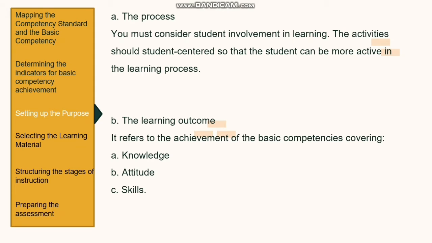For this, teachers are expected to make learning activities including listening, reading, speaking, and writing activities that are creative, interesting, and challenging, so that students are more interested, creative, and motivated. The learning outcome. It refers to the achievement of the basic competencies covering knowledge, attitudes, and skills.